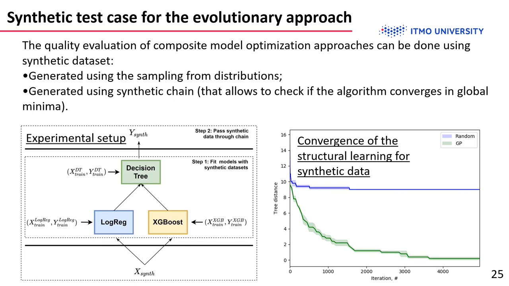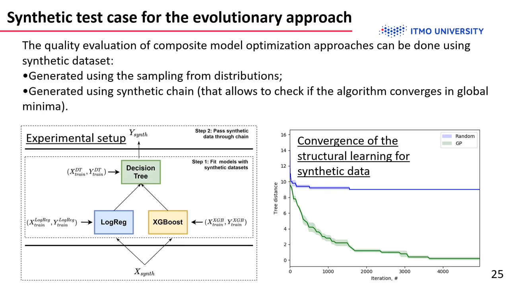So we implemented a simple synthetic data generator that allows passing the data through the chain and obtaining synthetic results that can be used to check the convergence of structural learning by evolutionary algorithms to the reference tree structure.